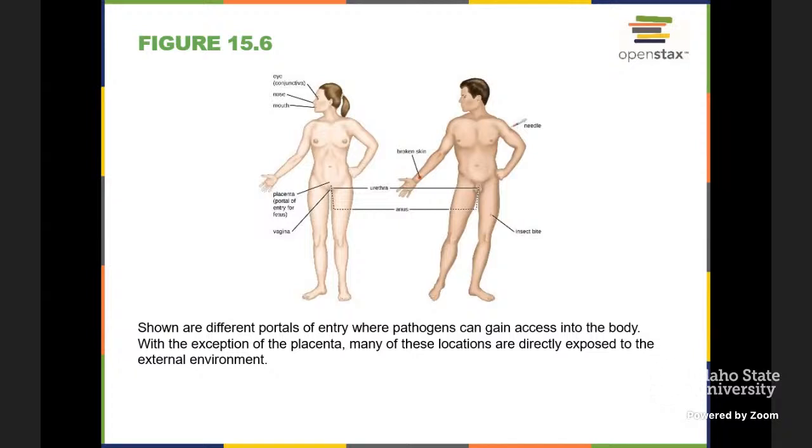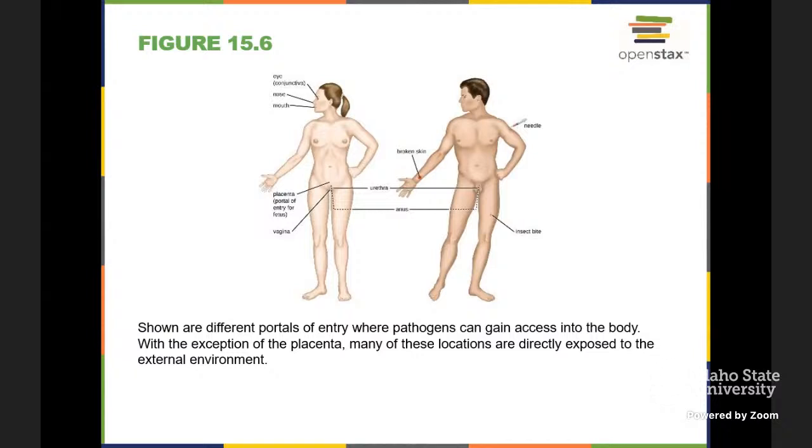All right. So portals of entry and portals of exit. Oftentimes we will see these images and it's pretty similar. The ways things can get in are also the way that things could be getting out. That doesn't necessarily mean it's exactly the same, but likely.